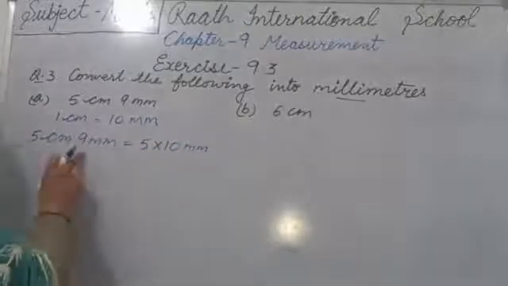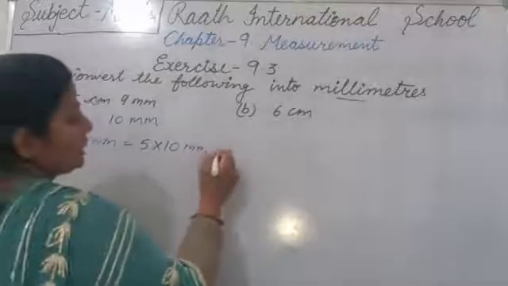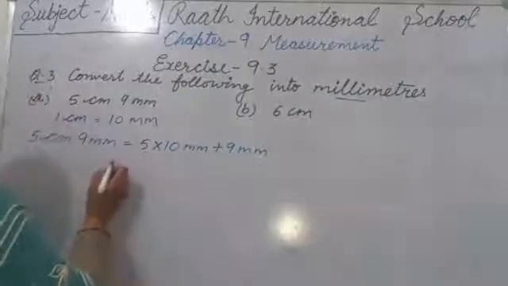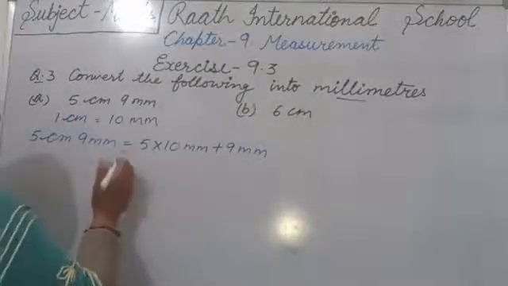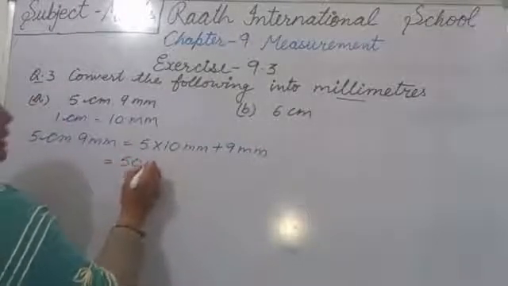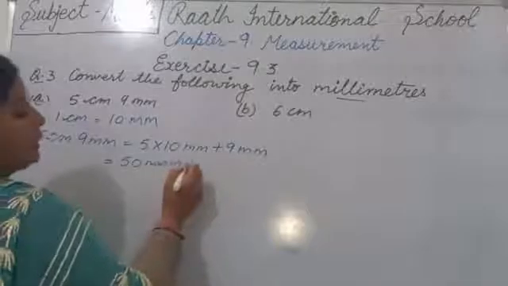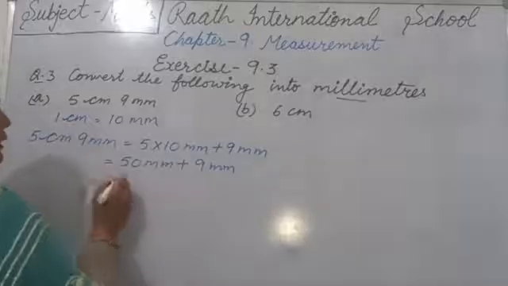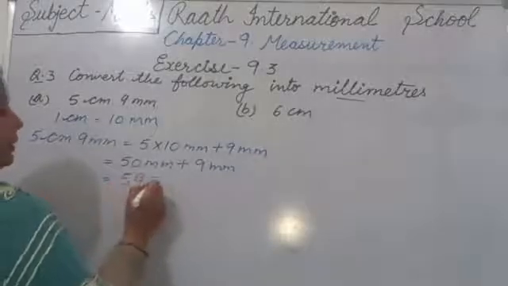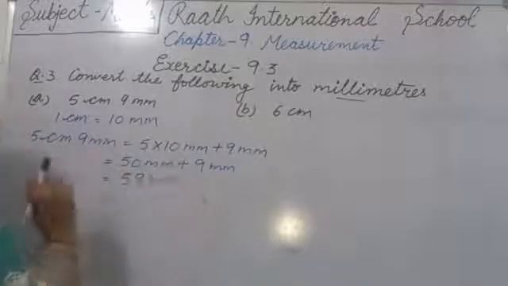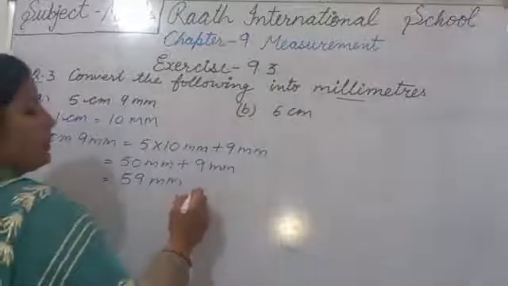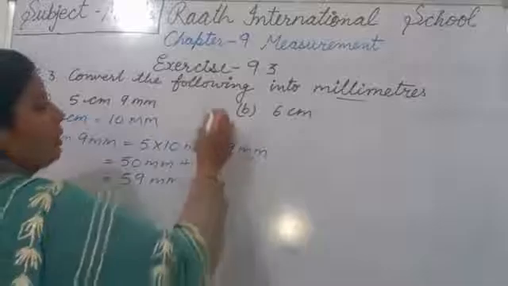And 9 is already millimeter, so plus 9 millimeter. Now we multiply. 5 tens are 50 millimeter and 9 is already millimeter. So 50 plus 9 equals 59 millimeter. You will use the unit. Whenever we convert, we will use the unit. So that's your answer.